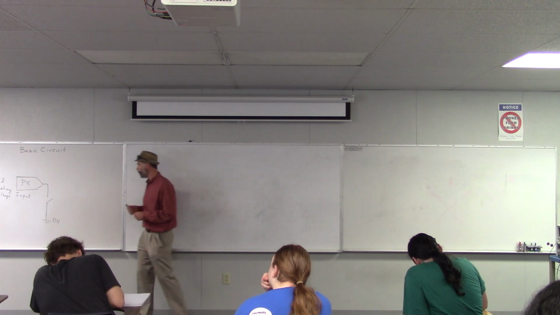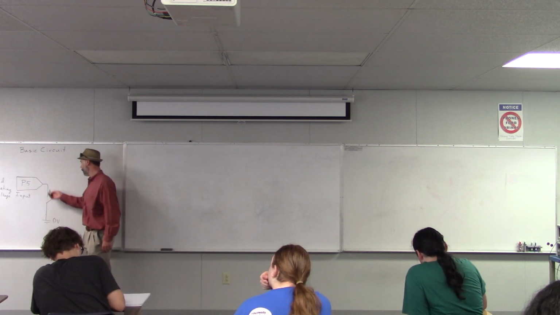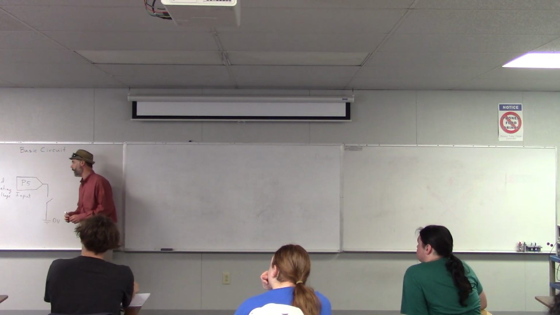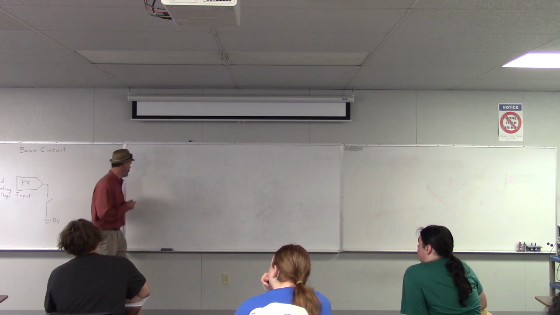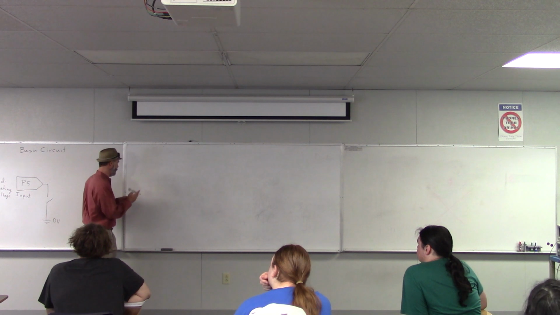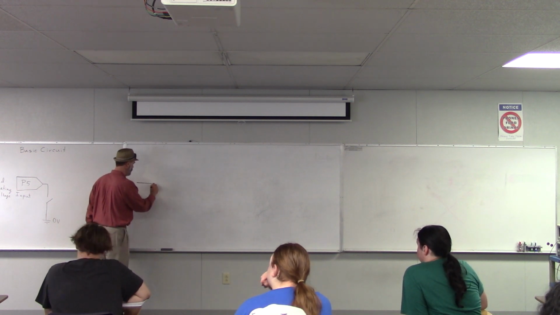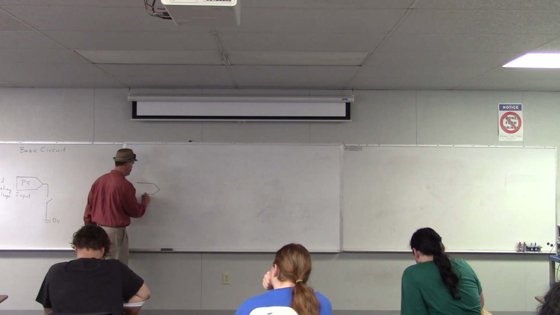So the basic problem was that when the switch is open, this pin is not tied to anything. So my first thought would be, all right, let's tie that pin to something. We could have another circuit like this.